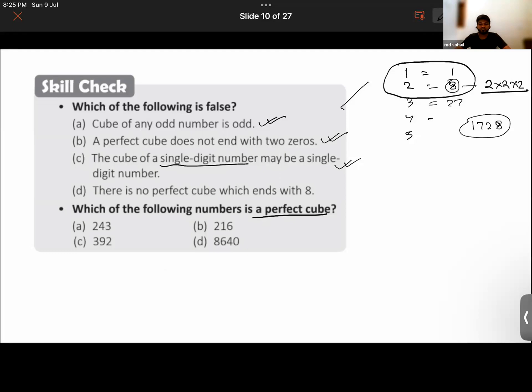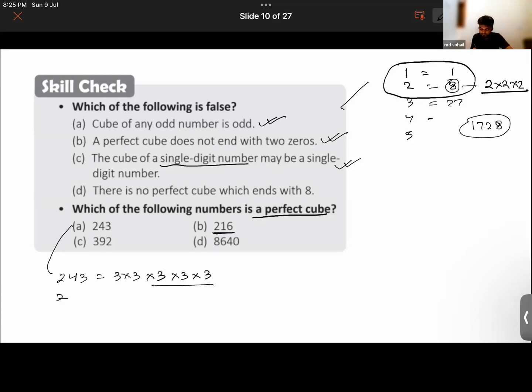Sir, the first one is not the perfect cube. What are its prime factors? 3 into 3 into 3 into 3 into 3. One 3 is missing, sir. Yes, one 3 is missing here. Good. What about 216?